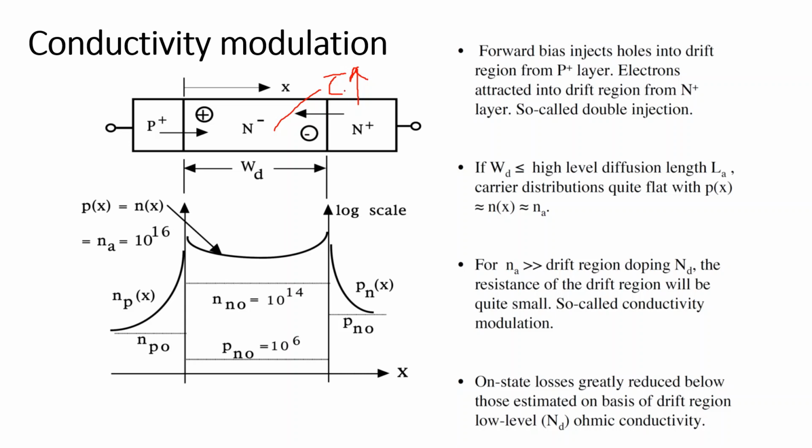So this tau increases, and because of this the conductivity of this region increases. So since conductivity increases, the resistance of this region reduces greatly.